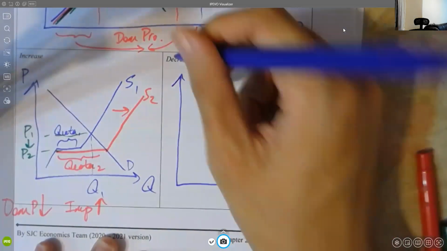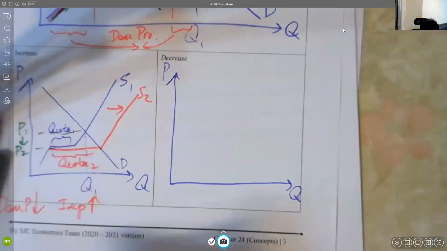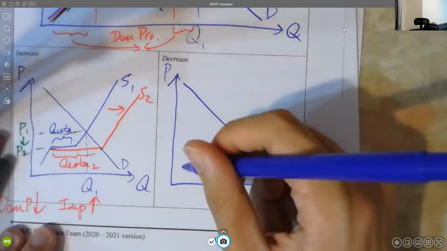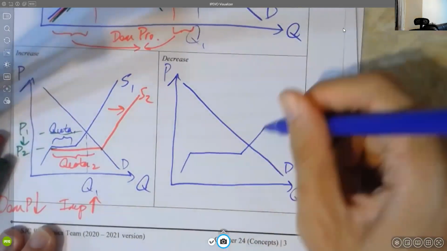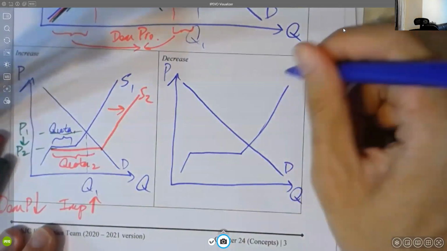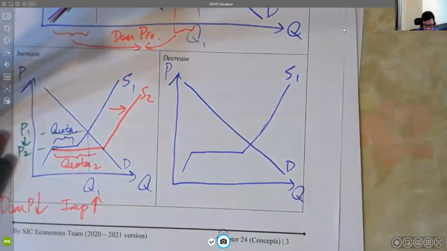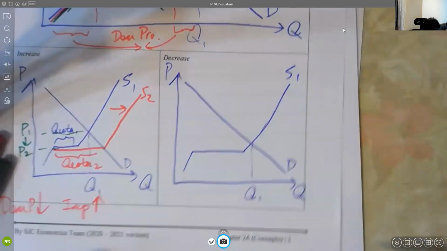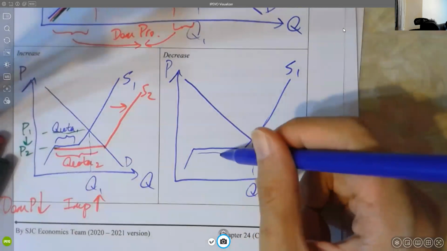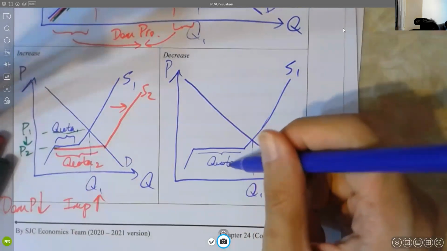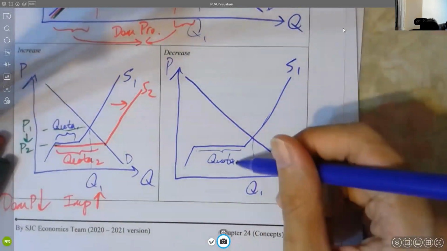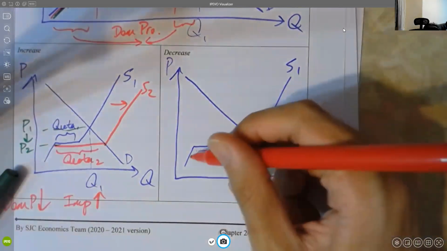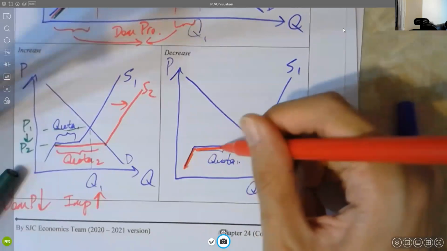Now to make it simple, I will just draw the relevant curves here. This is our demand. Oh, sorry, it's slanted. This is our S1. Now, this is our Q1, this is our quota 1, of course, right? Now, let's imagine the government says no more such quota, only up to here.